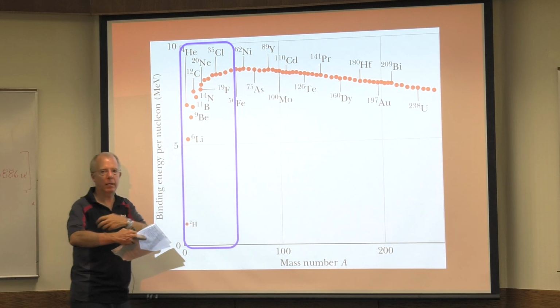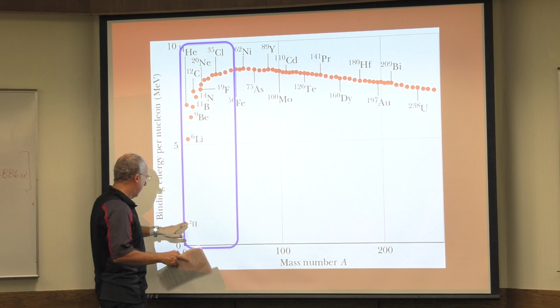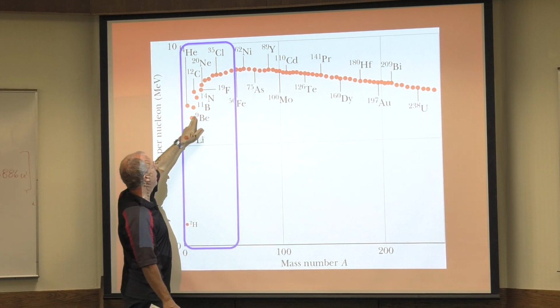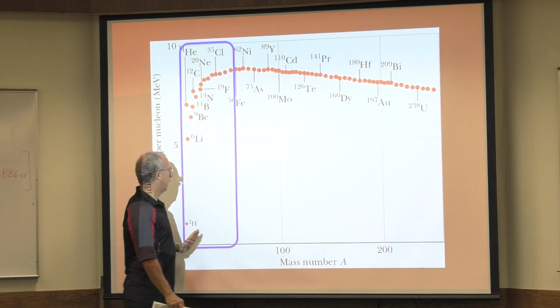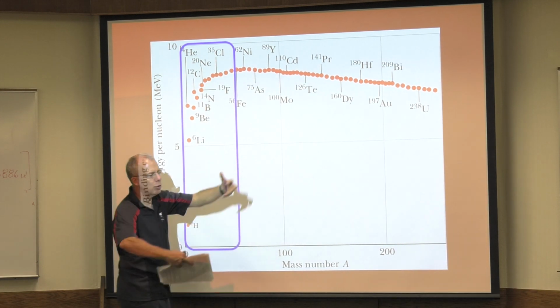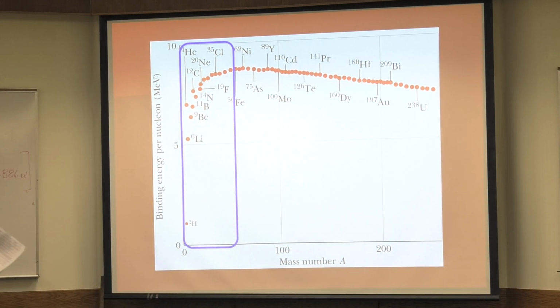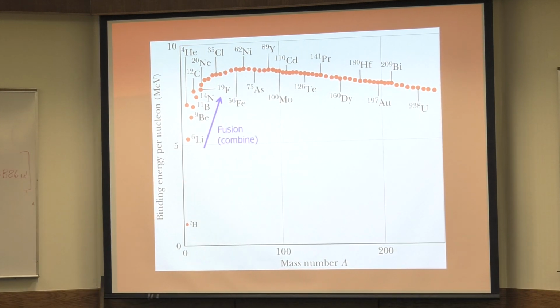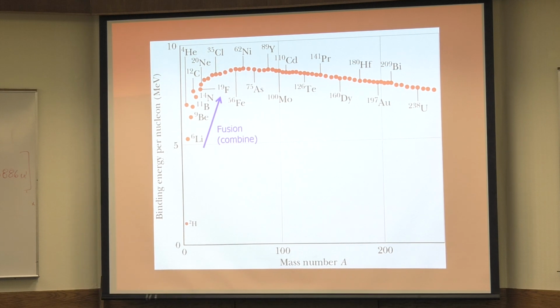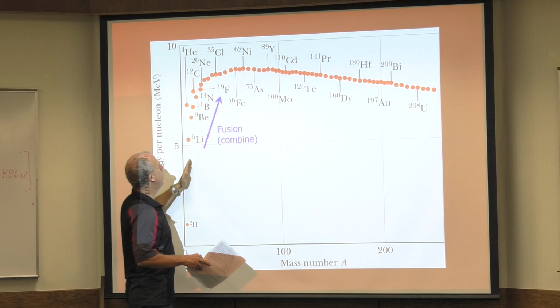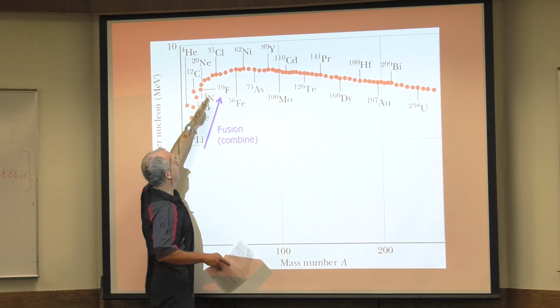They've got to combine. Look at 2, 6, 9, 11. They've got to join together, and that's called fusion. I already talked about fusion with the stars. So if these want to become more and more stable, they have to fuse together, so they move up the graph.